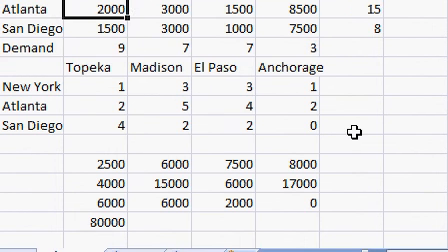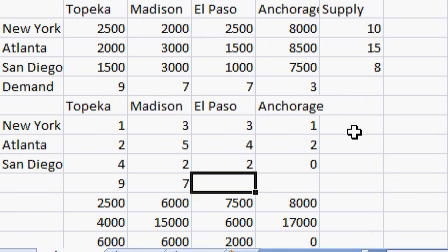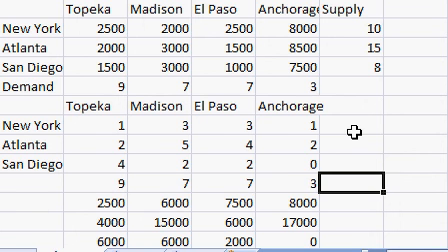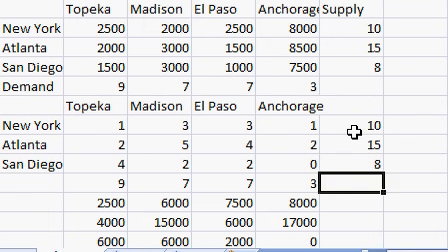Now, this solution may not be feasible. So in particular, it has to ship 9, 7, 7, and 3, and then 10, 15, and 8 are the cap here.